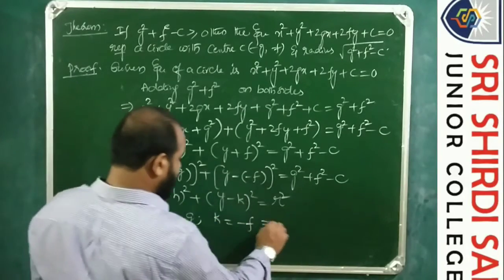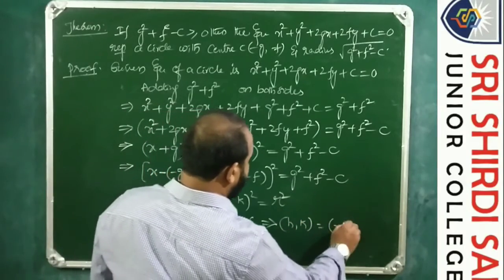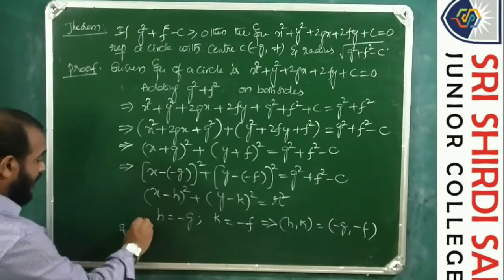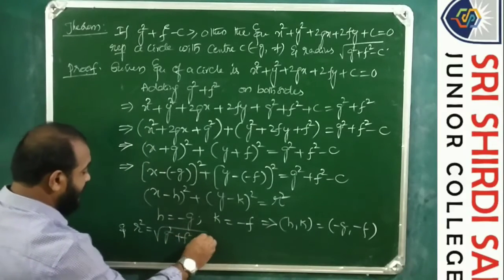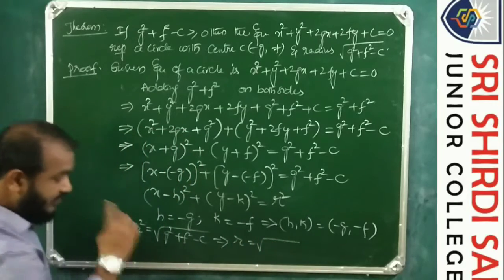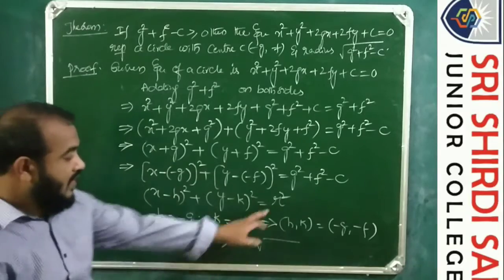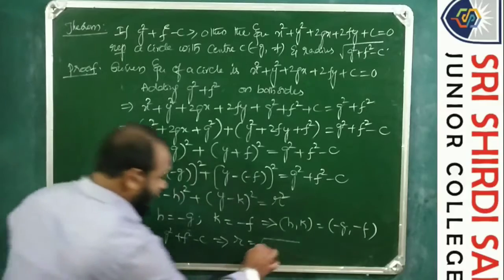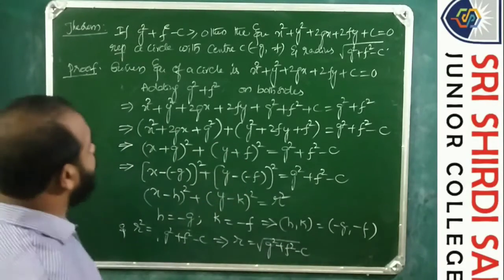So from this, (h, k) is equal to (minus g, minus f), and r square is equal to g square plus f square minus c. So r is equal to square root of g square plus f square minus c. So that's what we need to prove.